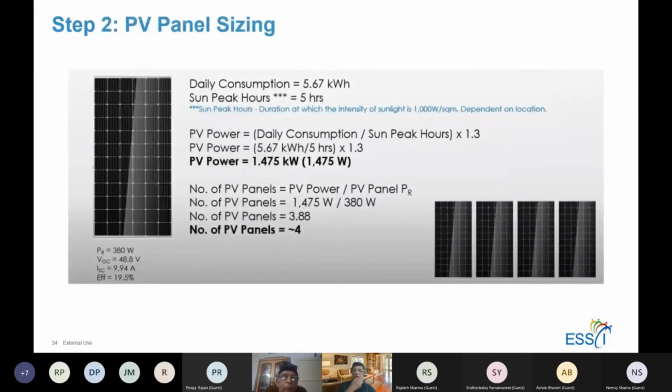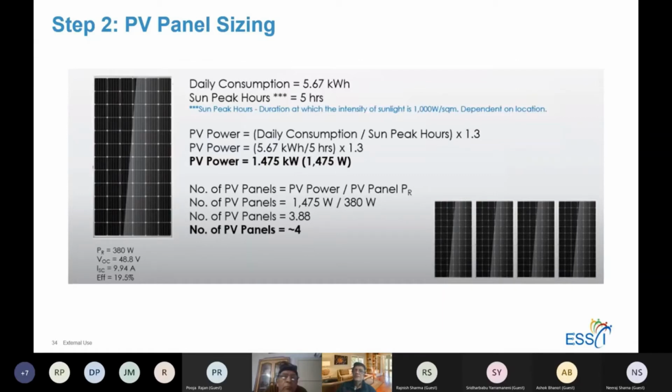Now how do you do your panel sizing? Very simple. You know that daily consumption is 5.6 kilowatt hours, and you know that in a typical North India location, your sun peak hours are around 5 hours. These are 5 hours when you are going to get about 1000 watt per square meter energy out of 24 hours.